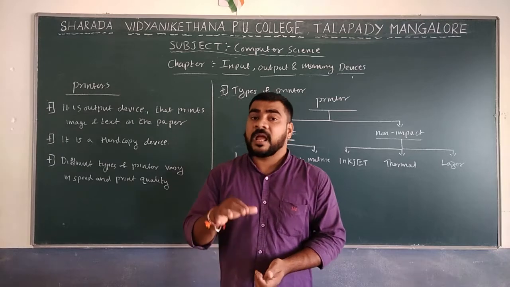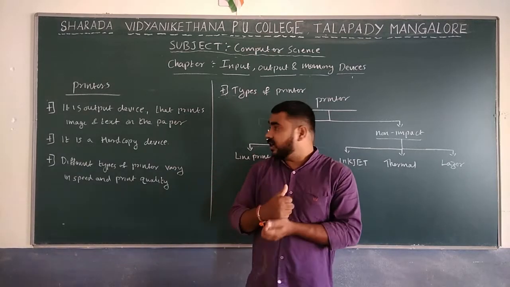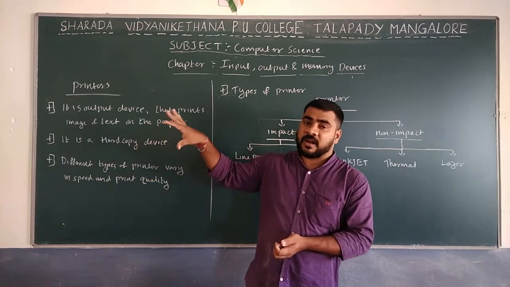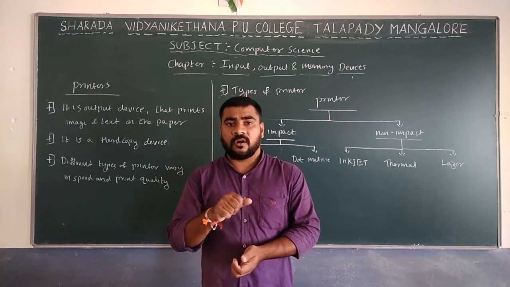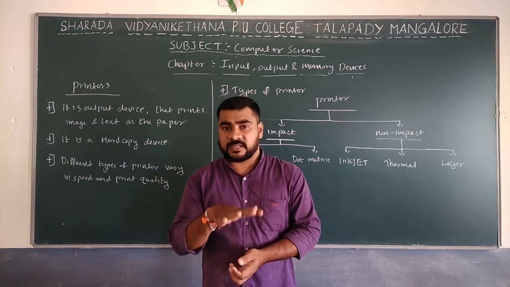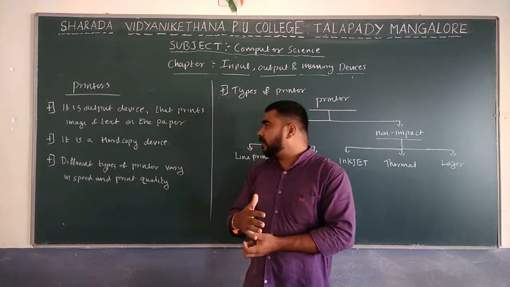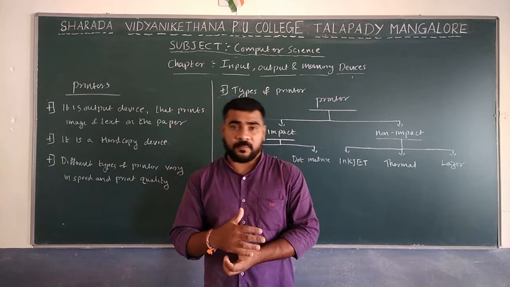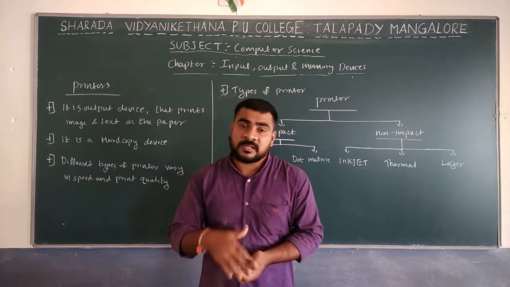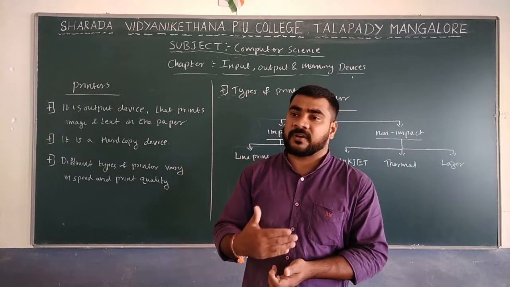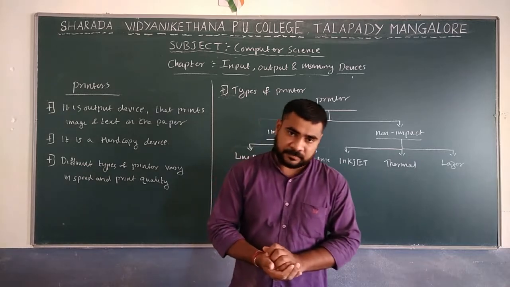A printer is an output device used to print images, text or data on the paper, and it is a hard copy device. Different printers vary based on speed and printing quality.